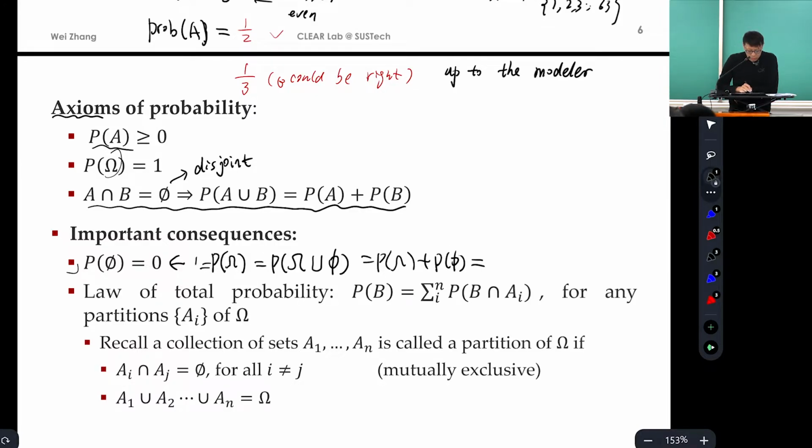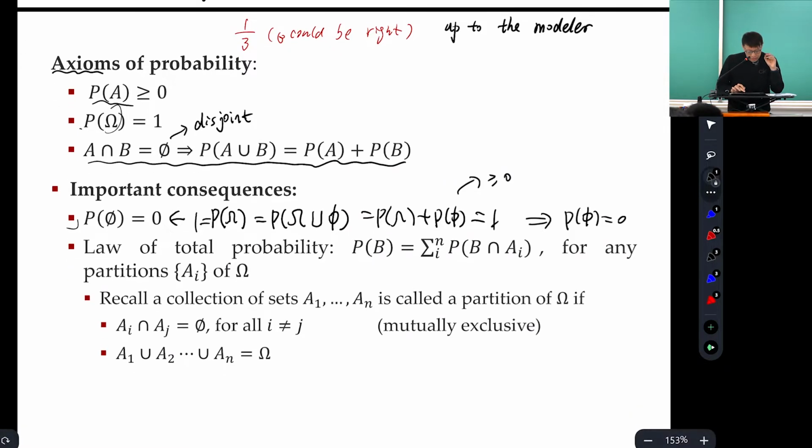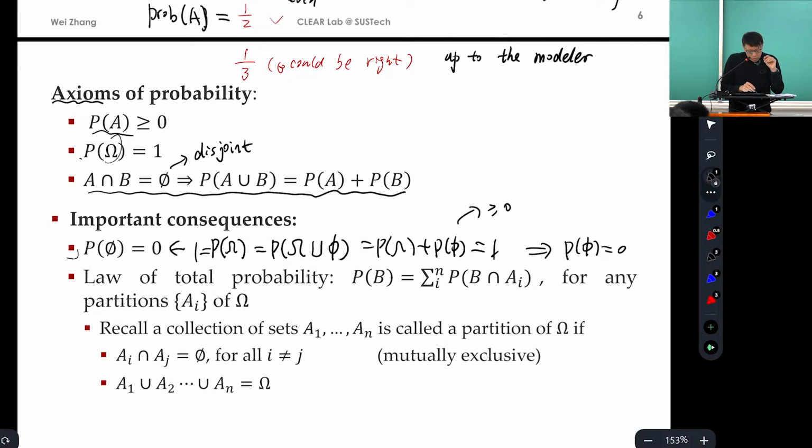I know this one is 1 by the second axiom, and I also know the probability of the empty set has to be bigger than or equal to 0. So I can claim that the empty set has probability 0. That's a showcase. I think you should start from axioms; they are the very roots of almost all the consequences.